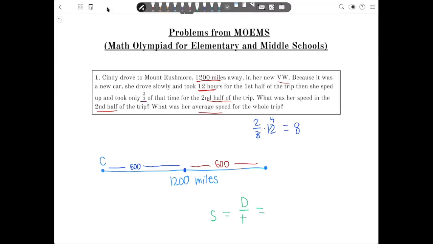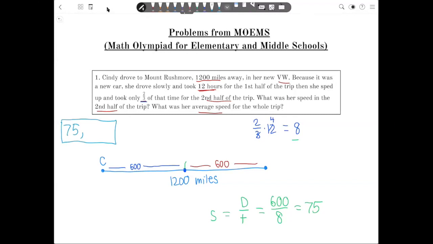And the distance is just half of it, so 600. The time, we just found, is 8 hours. So this is just going to be equal to 75. So the second half of the trip is going to be 75 miles per hour. So that's our first answer.